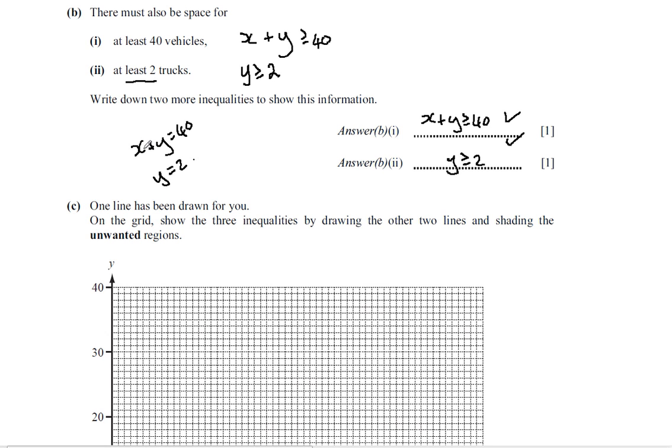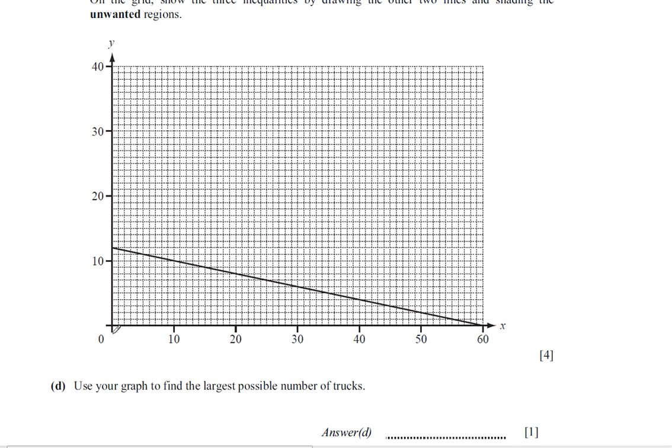To draw this graph, we need to find the x and y intercepts, so x plus y is equal to 40. To find the y-intercept, or in other words, where the line will hit the y-axis, make x 0, and we'll find y is equal to 40. So where x is 0, y is 40, that's the first point.